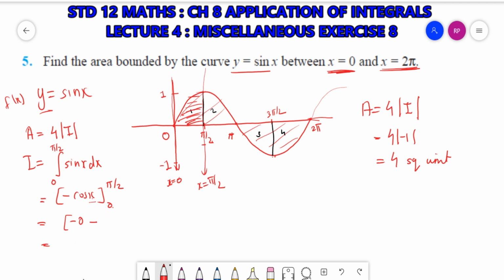Value of cos 0 is 1, but it's minus cos, so it will be plus 1. So it's 4 times modulus of I. So the area is 4 square unit. Okay. So this was about question number 5. Just note it down.